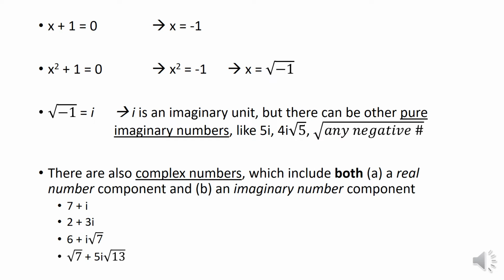In all four of these cases, the first term is a real number, and the second term is an imaginary number. But the number as a whole, so 7 plus i as a whole, is considered a complex number that has both a real number component and imaginary number component. But we're just going to be focusing on imaginary numbers in this class.